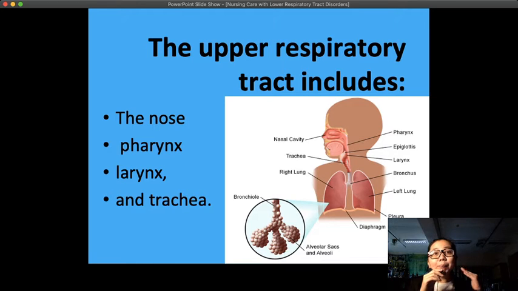Upper, meaning to say outside, at the upper part of the respiratory tract: the nose, the pharynx, larynx, and trachea, all right?